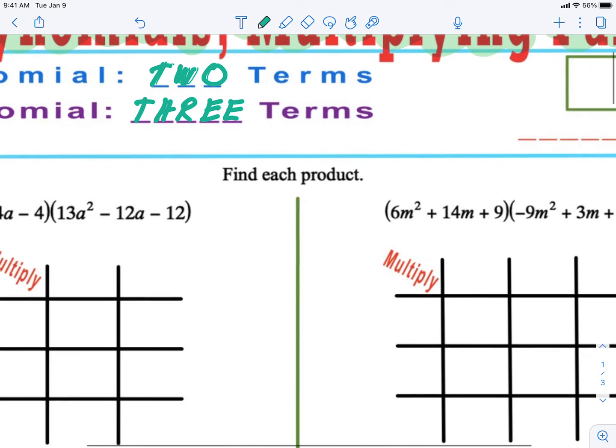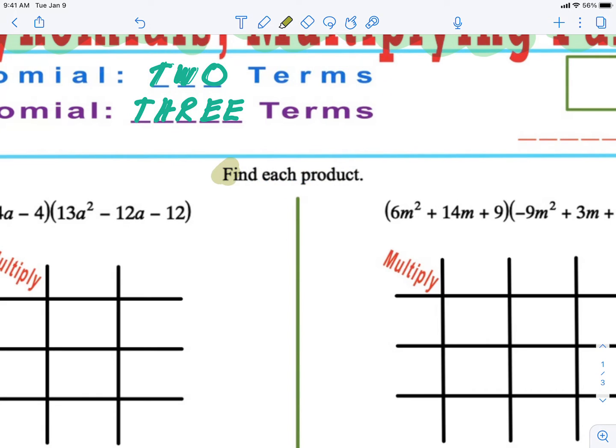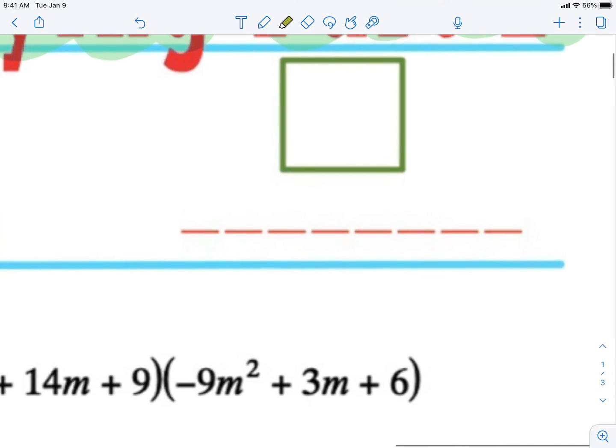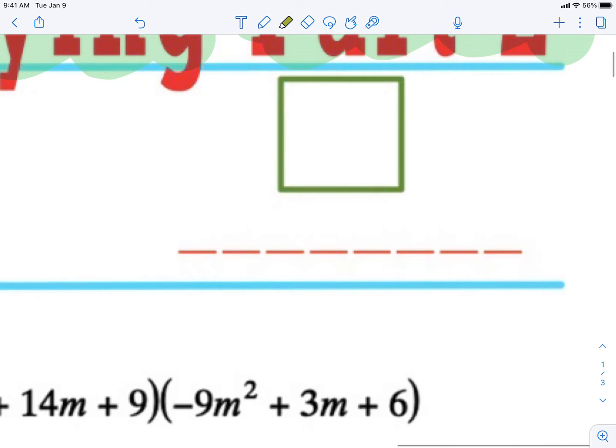Let's take a look at our instructions first. Our instructions say, find each product. And I completely forgot to fill in this part right here. What we're going to do today is something called box multiplying. Here's the box.